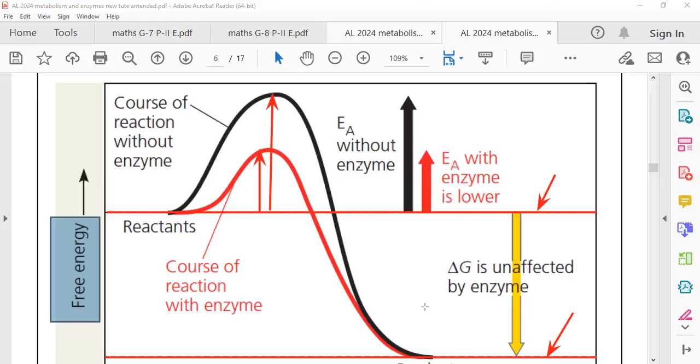With or without enzyme, is there a change in the free energy of the reactant? No. Products, is it getting altered?